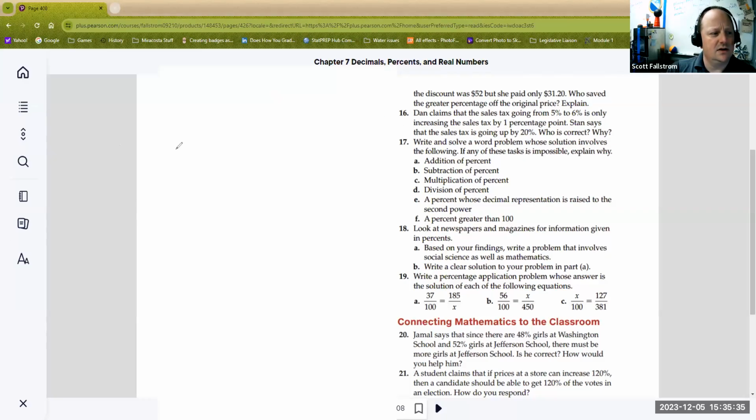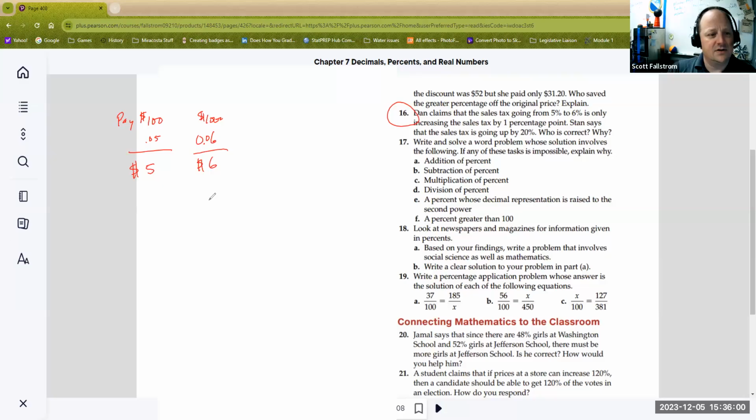So sales tax is going from 5% to 6%. So if you were going to pay $100 for an item, then if you were just finding the sales tax, 5% tax would be $5. In the new system, $100 item, 0.06, you get $6.